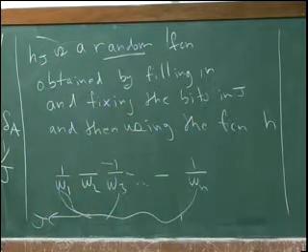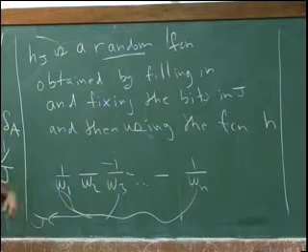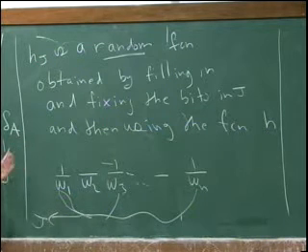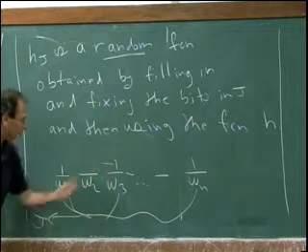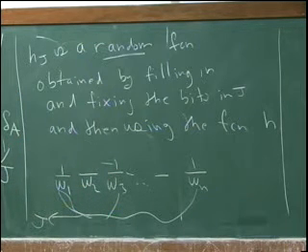So after the algorithm's done, I flip those bits, and then I simply take my original function h, and when I stick in the values here, I evaluate it at h.